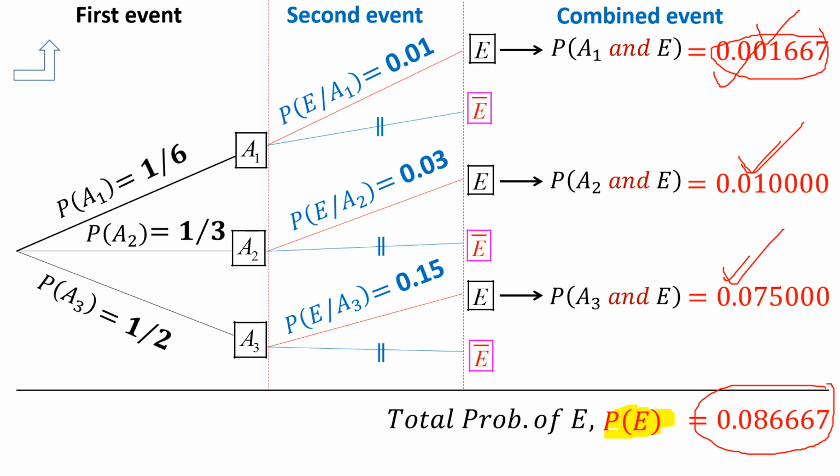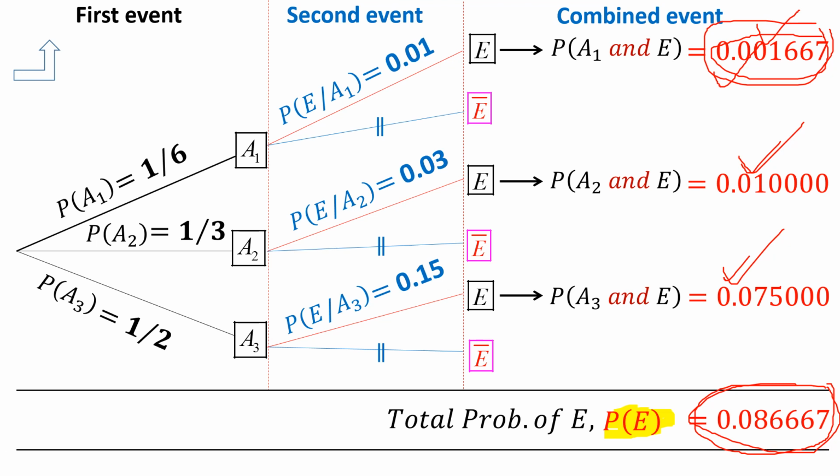This is the chance that a scooter driver will meet an accident, and this is favorable outcome, and this is the total possible outcomes. So we can calculate the required probability like this: 0.001667 divided by 0.086667.